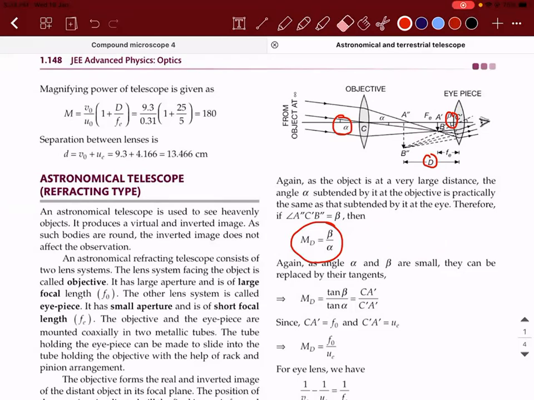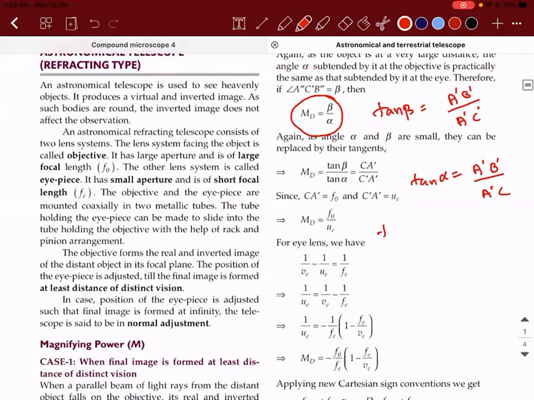Tan beta is equal to A dash B dash divided by A dash C dash. What is tan alpha? Tan alpha is equal to A dash B dash divided by A dash C. So tan beta by tan alpha will be equal to A dash C divided by A dash C dash.